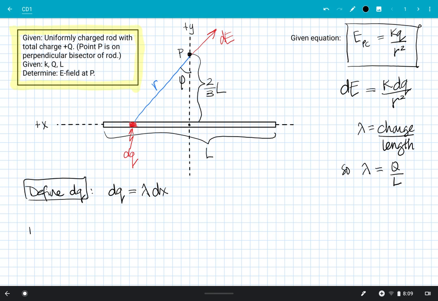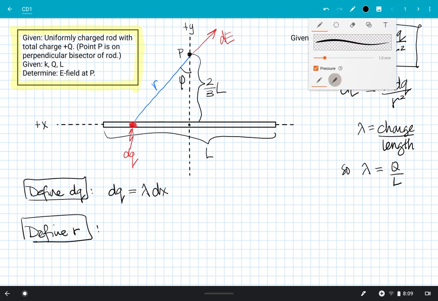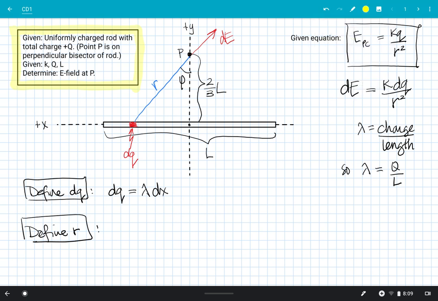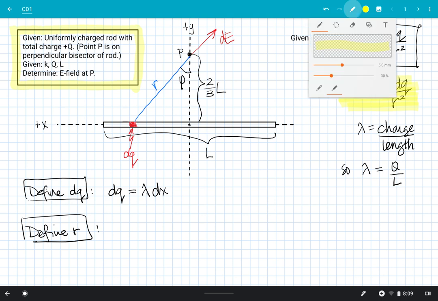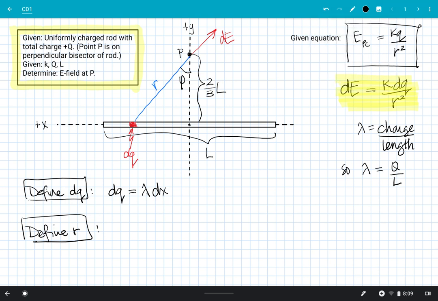Now, my next job here is to define R. So notice that a lot of what I'm doing is I'm hanging out with this equation up here, right? This is the equation that I know I'm going to be integrating, but it's not ready to be integrated in that form. So I need to substitute into that general form different properties of my specific case. And that's always what we do when we do physics.